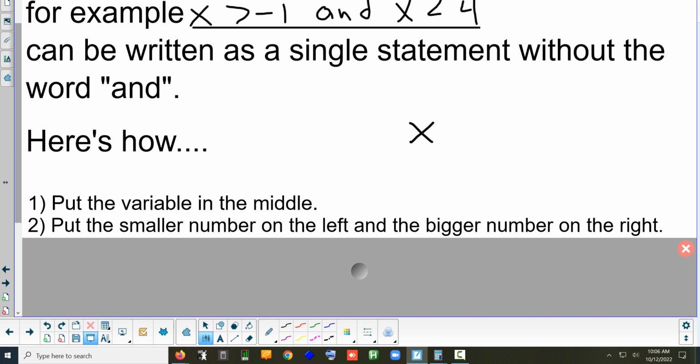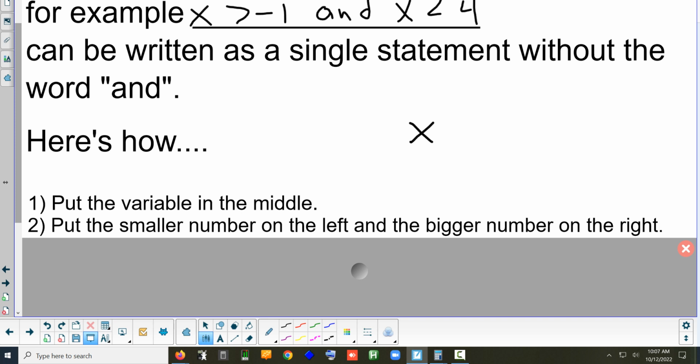I was just going to give people a second to write that down, and then I was going to ask: look at your 2 numbers, -1 and 4. Which number is smaller?